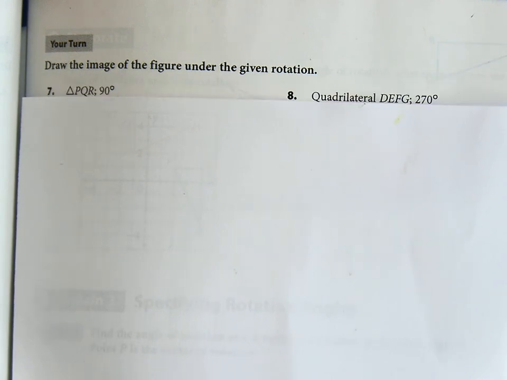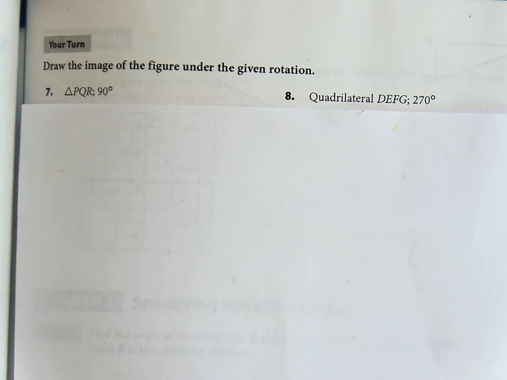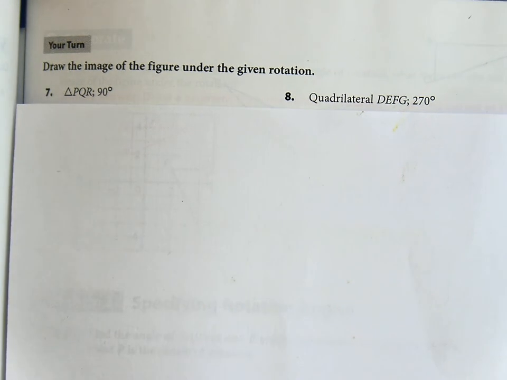So draw the image of the figure under the given rotation. So on number 7, you're going to be using triangle PQR for a 90 degree rotation, and quadrilateral DEFG under a 270 degree rotation.